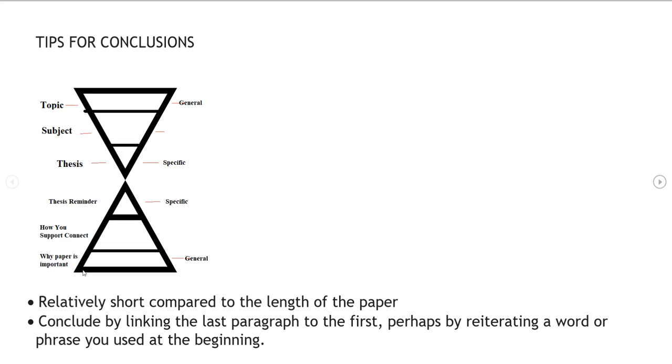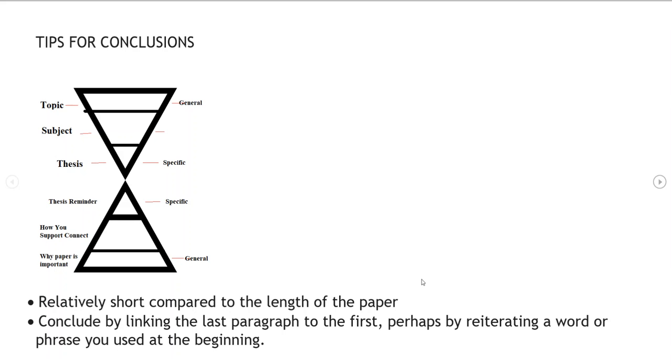Why your paper is important, another 2 sentences. So at most, we're looking at 5 sentences. And as I talked about for your introduction, you'll probably be somewhere between 4 and 6. Here you'll probably be somewhere closer between 4 and 5 sentences. Short, sweet, to the point. All right. So that's the first tip here, is relatively short compared to the length of your paper.